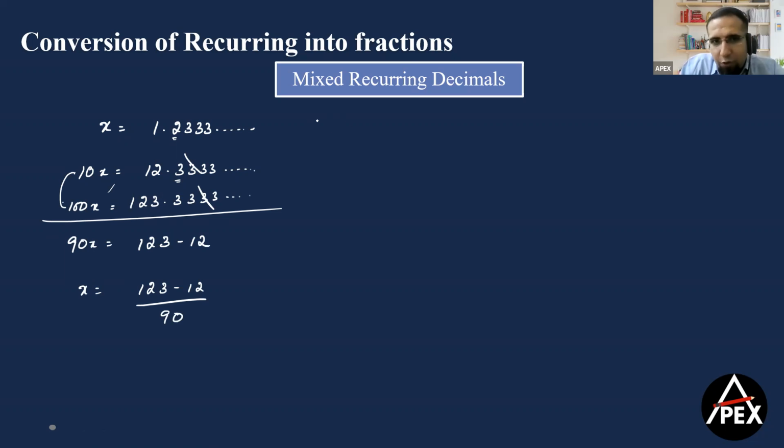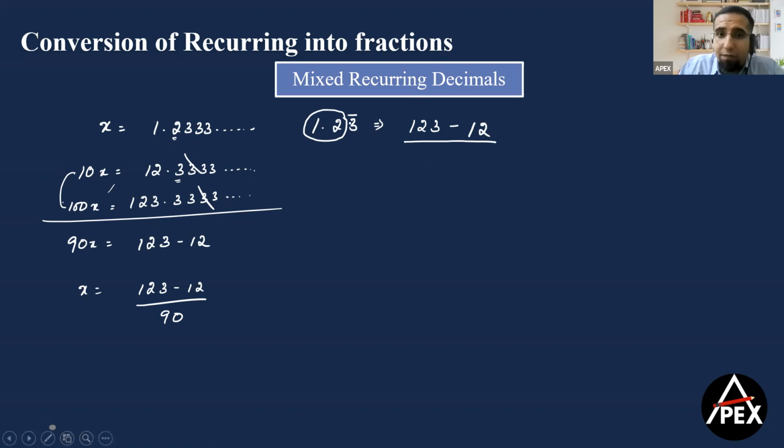Now, let's try to understand this. So, what is happening? I wrote the number as 1.23 bar. The numerator is not changing. I write my complete number once without decimal and without repetition. Now here, what is not repeating? 1, 2, that is 12 is not repeating. So forget the decimal here, right? So 12 is not repeating, divided by.